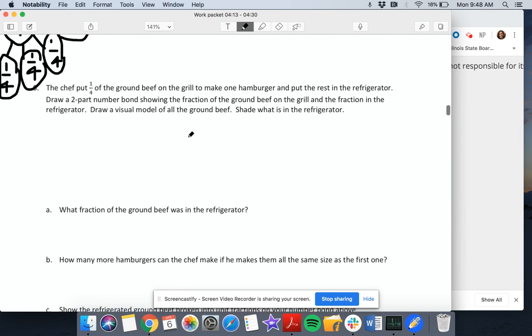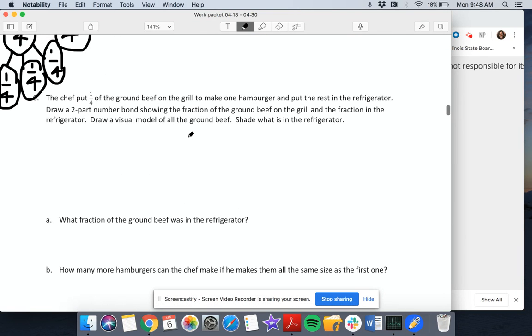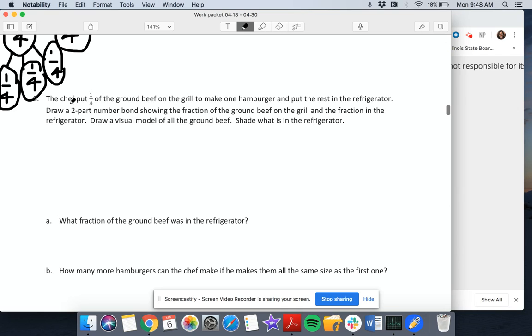And I'm going to set you up right now for question number 6. So it asks, the chef put 1/4 of the ground beef on the grill to make 1 hamburger and put the rest in the refrigerator. Draw a 2-part number bond showing the fraction of the ground beef on the grill and the fraction in the refrigerator. Okay, so let's start off with my number bond.